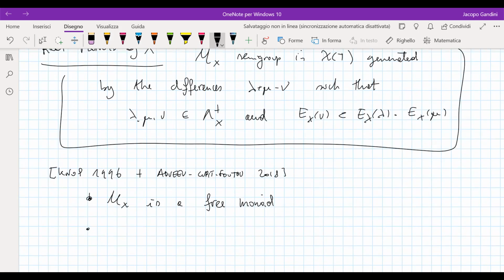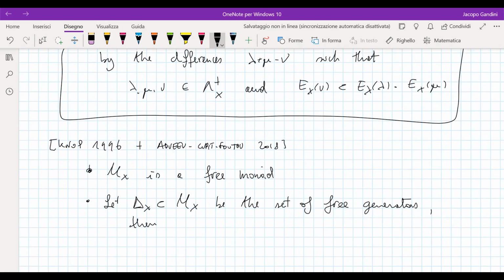And the second point is that, letting Delta_X be the set of free generators, then Delta_X is the base of a suitable root system.